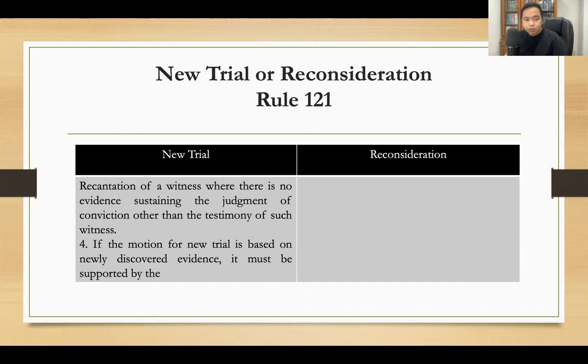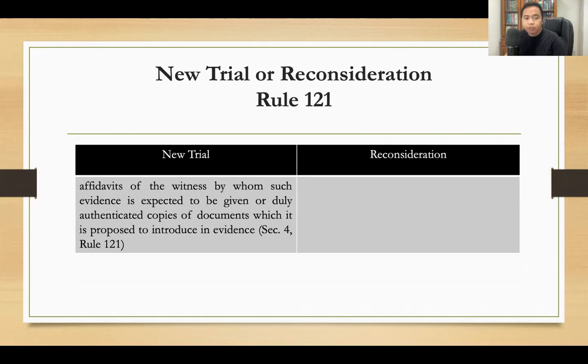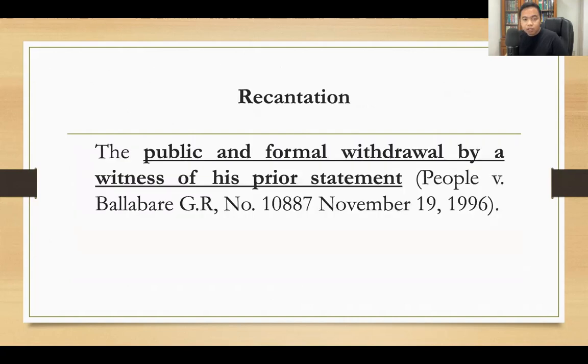Another ground is recantation of a witness, where there is no evidence sustaining the judgment of conviction other than the testimony of such witness. If the motion for new trial is based on newly discovered evidence, it must be supported by affidavits of the witnesses by whom such evidence is expected to be given, or duly authenticated copies of documents which it is proposed to introduce in evidence.